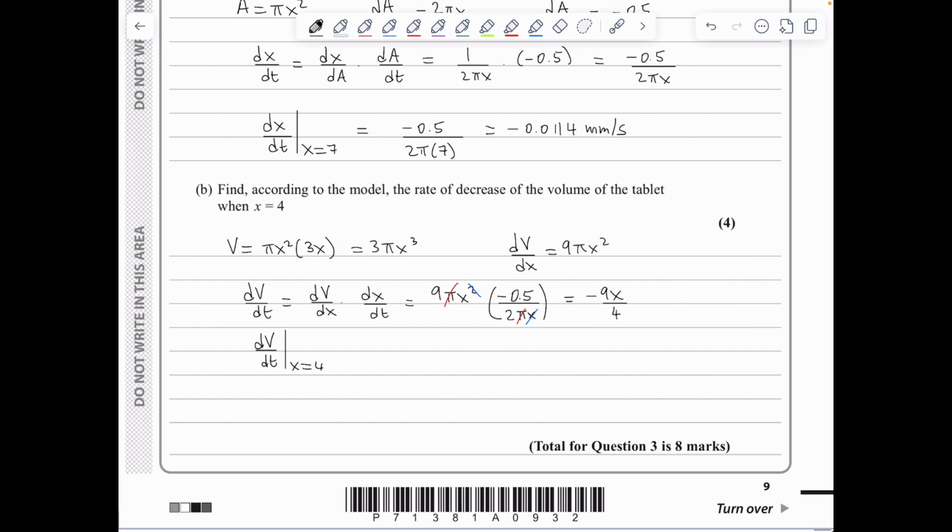So if we substitute this into the expression we just obtained, it's minus 9 times 4 over 4, which is negative 9. This is the rate of change. Be careful, the question is asking for the rate of decrease. So what we need to say here is that the rate of decrease is going to be the absolute value of negative 9. So it's going to be 9, and it's going to be cubic millimeters per second.